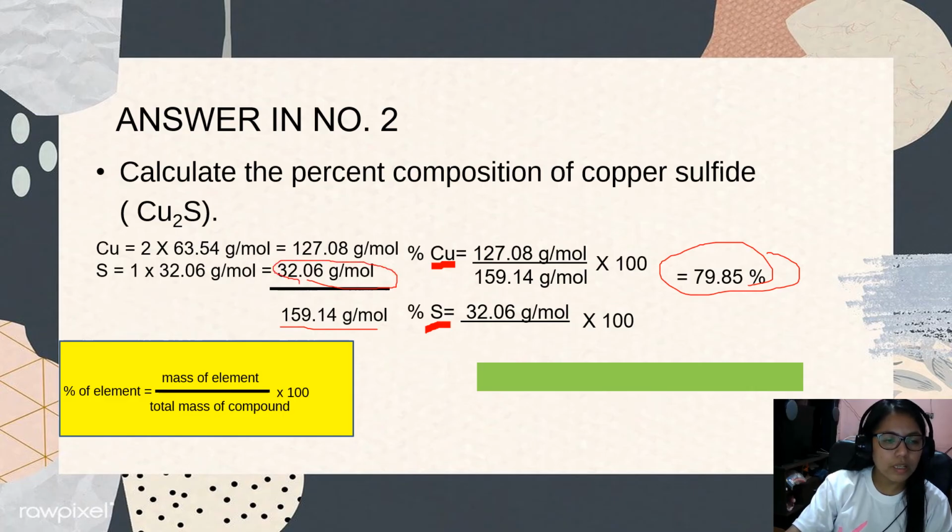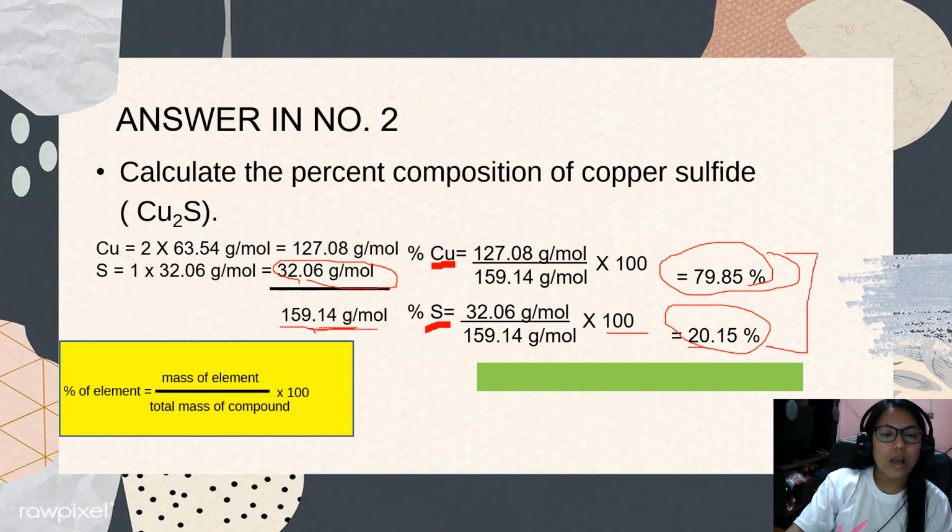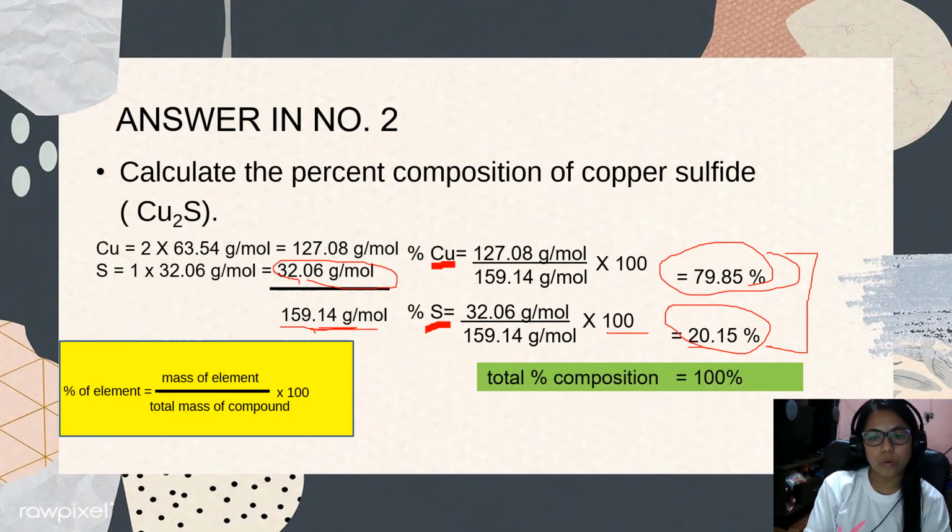So, i-divide natin siya sa total mass of compound. Then multiply natin sa 100. So, the answer will be 20.15. So, when you add the two percentages, the total percent composition is also 100%.